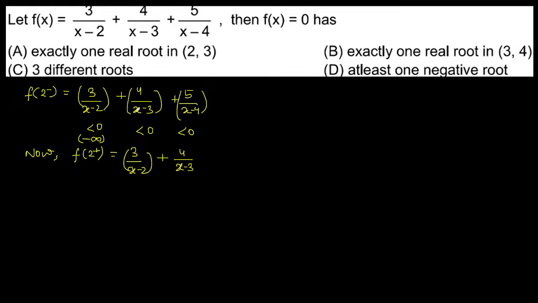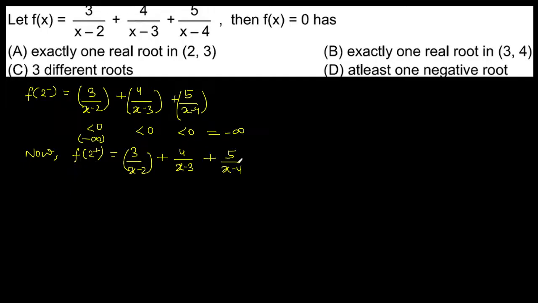If you take 2, it is 4 upon minus 1, it is 5 upon minus 2, and this is minus infinity, because 3 upon minus 0 is infinity, so overall minus infinity. This is a negative term, negative meaning less than 0.